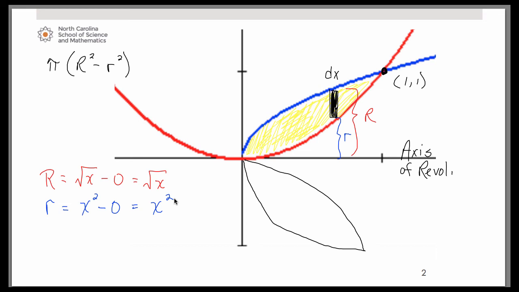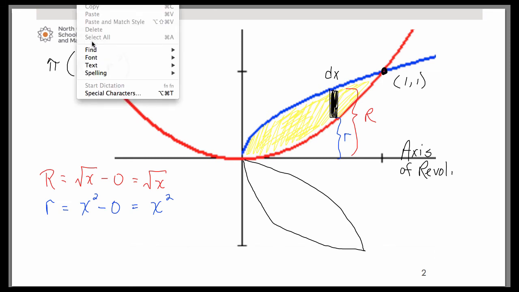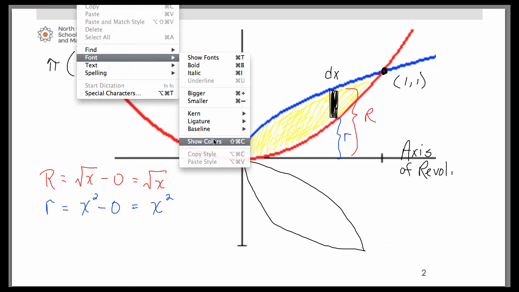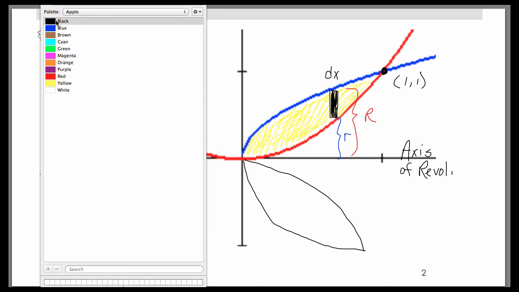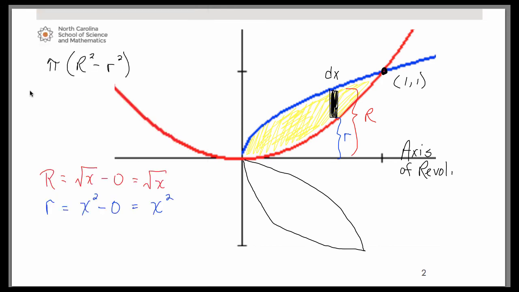Our limits of integration, since it's a dx problem, do need to be x values. So in this case, we're going from the origin at 0 up to x equals 1. So let's go back to the previous page and we'll get that set up.